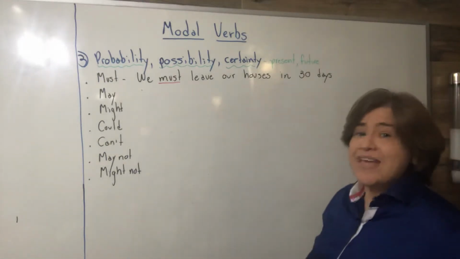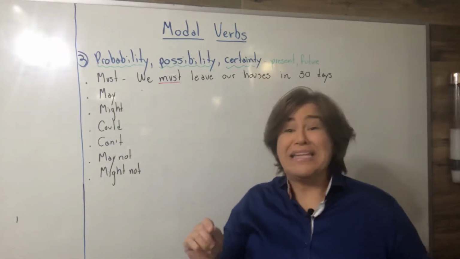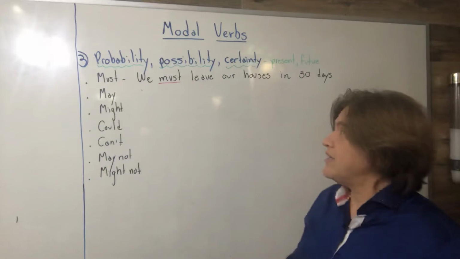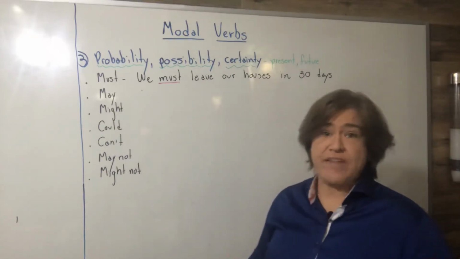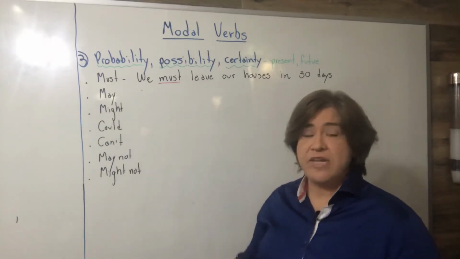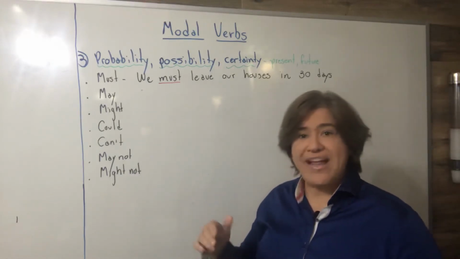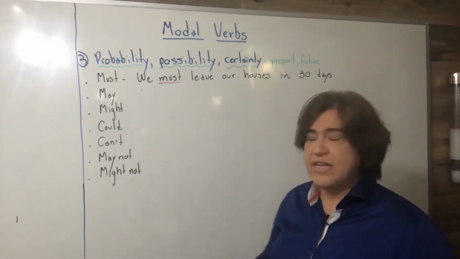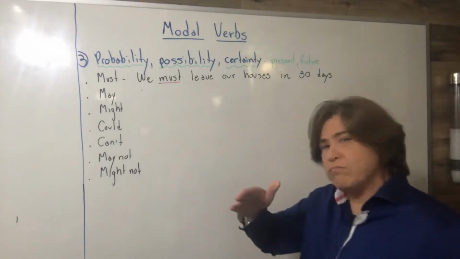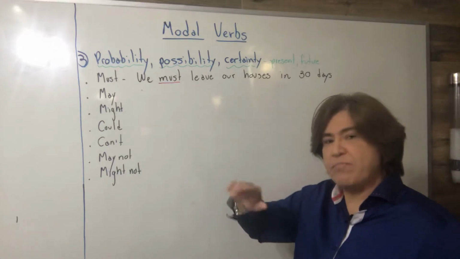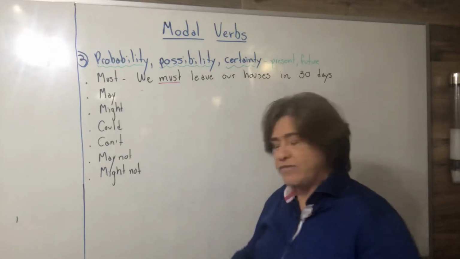May is the probability 50%, right? Teacher may finish this video in about 6 or 8 minutes, all right? It's what teacher is predicting, so what I am predicting for the length of the video.